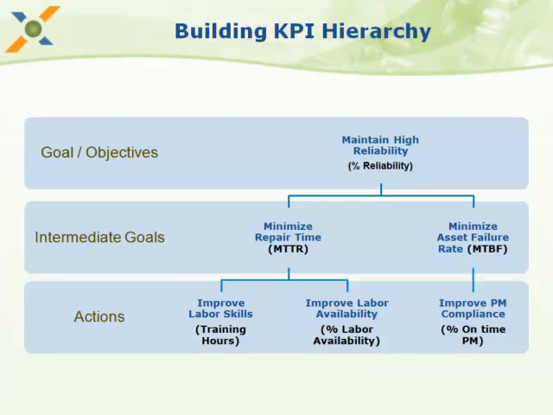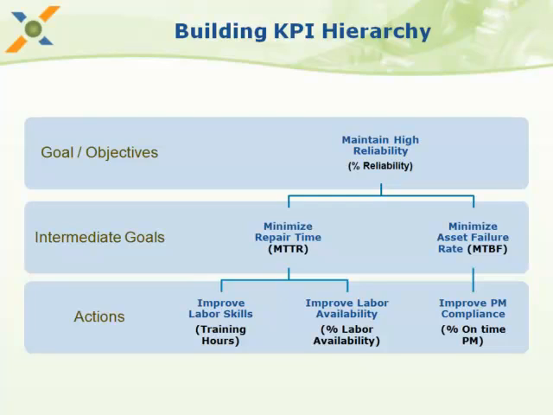Again, this is just an example, but in real life, you may have to build it based on your own scenario. So the actions that you can take are: improve labor skills, improve labor availability. These two actions will in turn help you in MTTR. This is the logic by which most of the strategy maps are built.